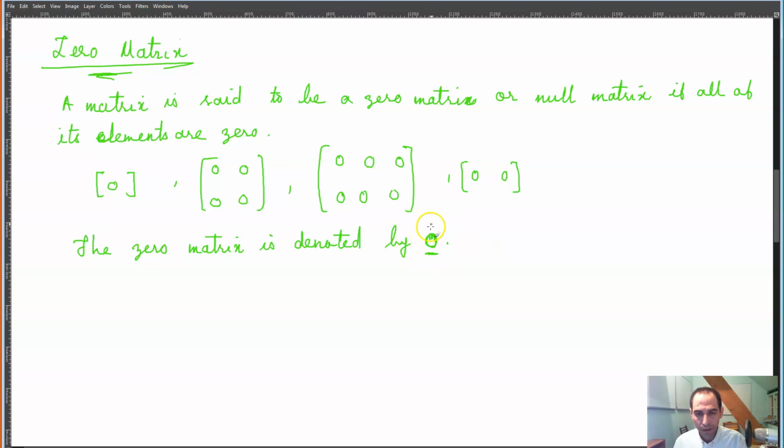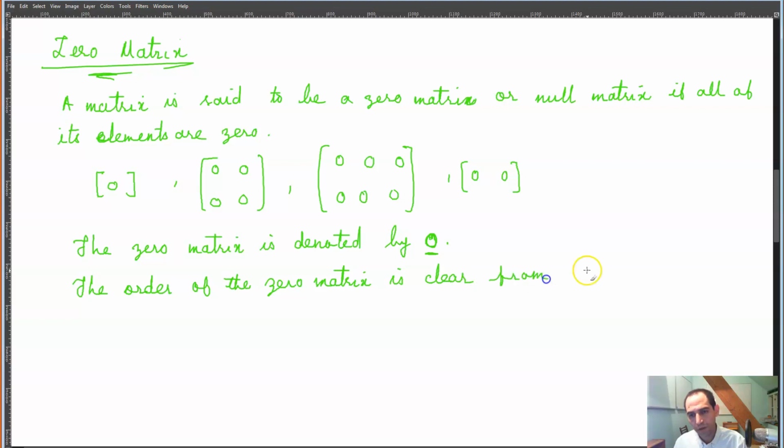The order of the zero matrix is clear from the context.